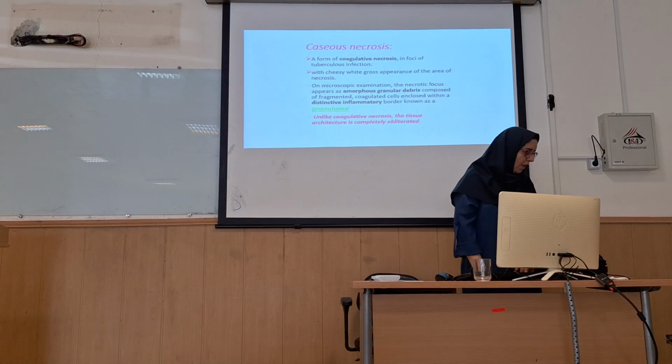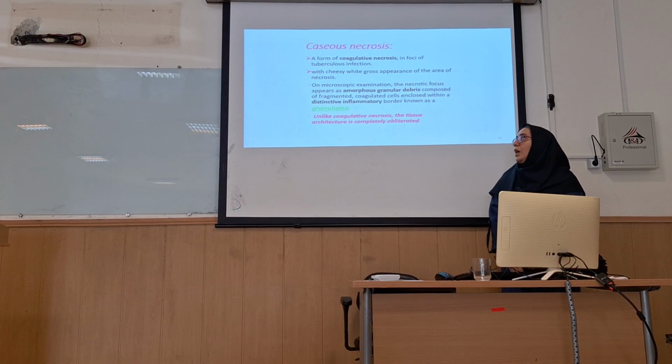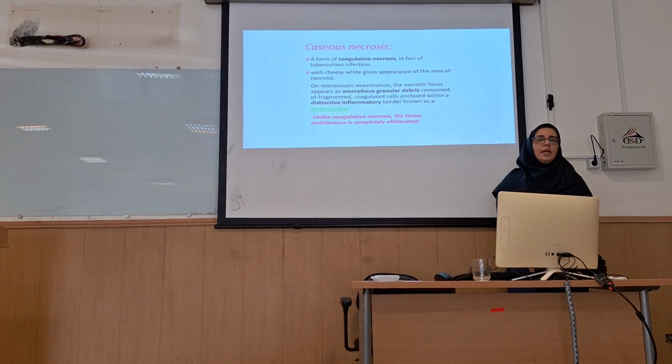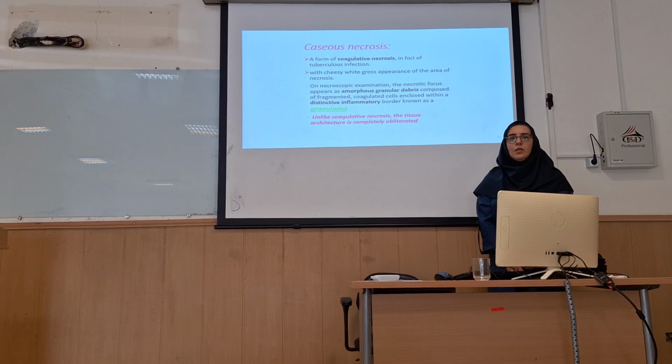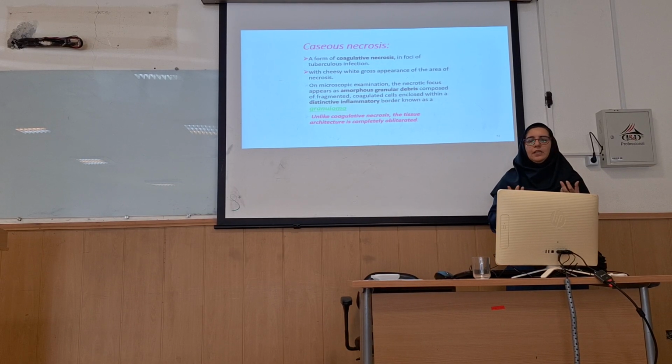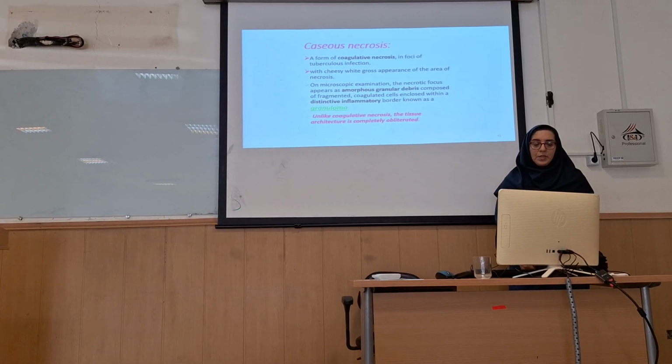The other pattern is caseous necrosis. Caseous necrosis is coagulative necrosis, but the shape of the organ is not present. Caseous because we have cheesy cream material in the necrotic area, and the most common etiologic agent is tuberculosis.